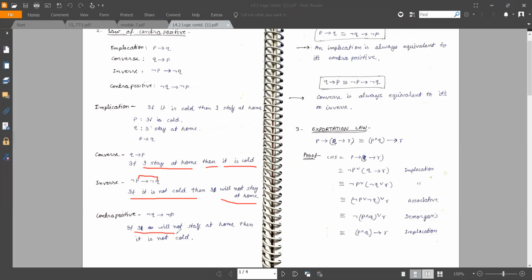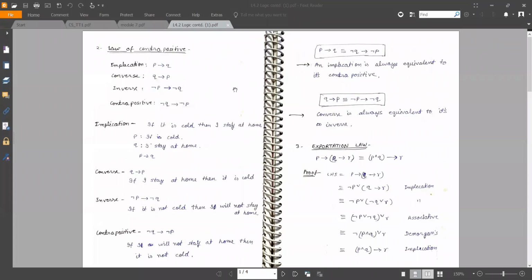So, if I will not stay at home, then it is not cold. Logically, with an example, you can clearly see the similarity between the implication and its contrapositive, and the converse and inverse. So we have our two basic rules: an implication is always equivalent to its contrapositive, and a converse is always equivalent to its inverse.